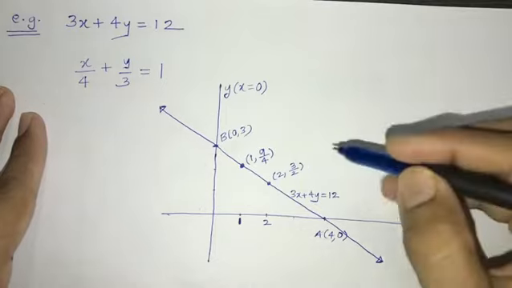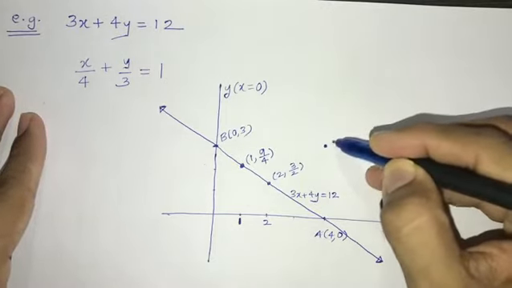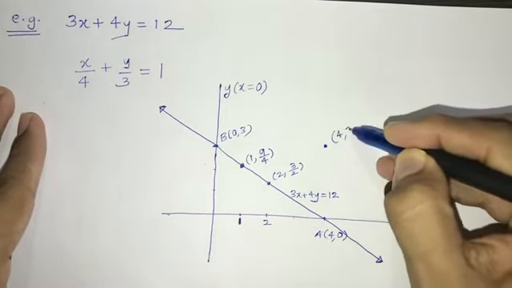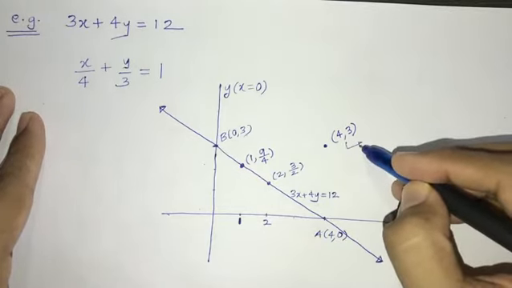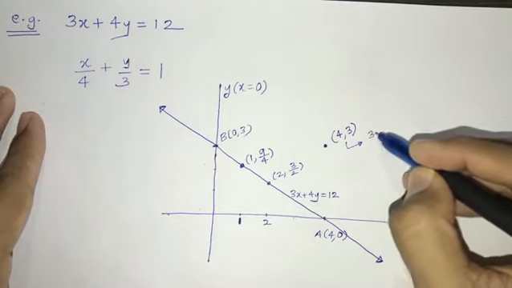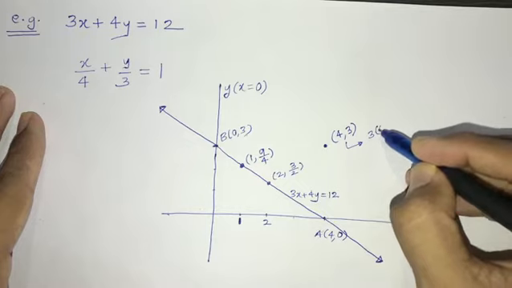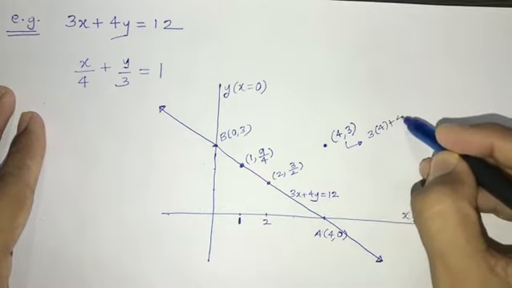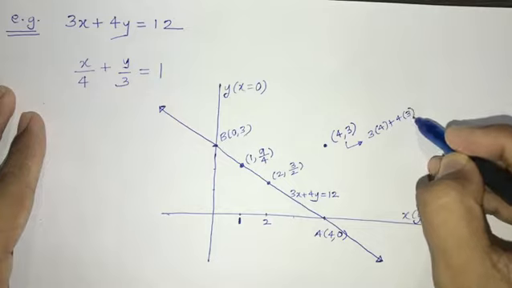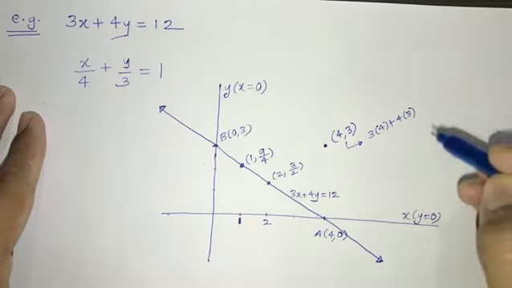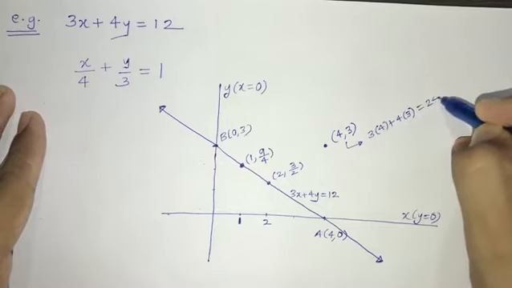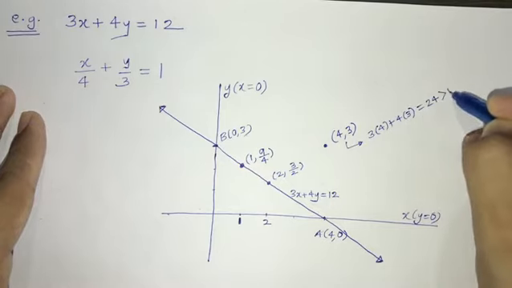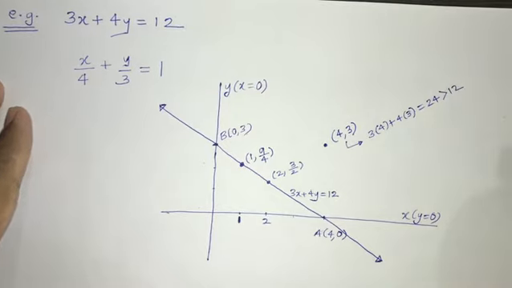I'm talking about points like this point here, (4, 3). What about this point? When I put (4, 3) in 3x plus 4y, what I get is 12 plus 12, that is 24, and 24 is greater than 12.